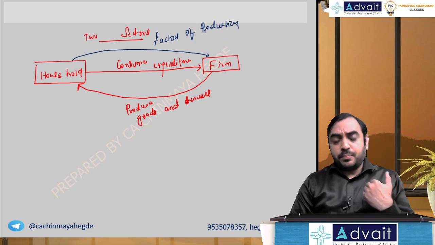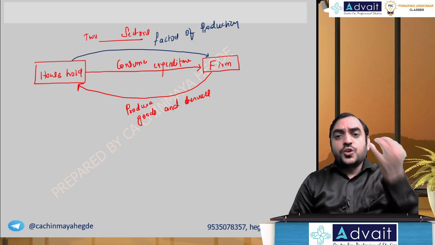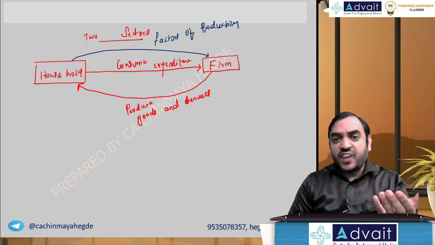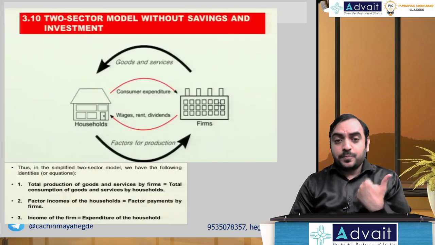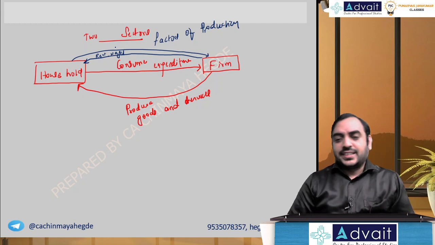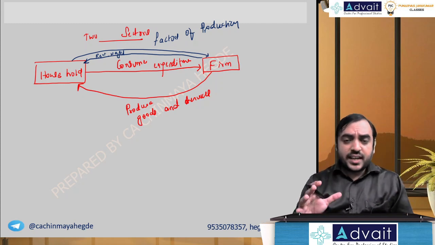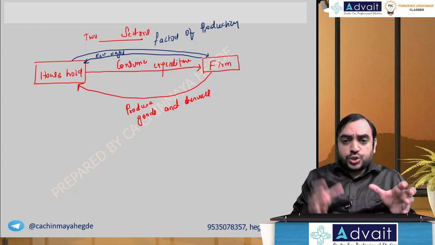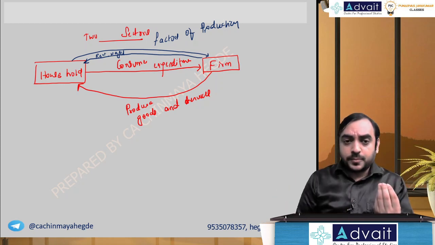Now, if an individual goes to the factory and works, they are giving the service, they are giving the factors of production, so they will have to get paid. What the firm has to pay for that is called rent for the building, wages, salaries, etc. So you understand this is a two sector model. Household and the firm are a reflection of each other.